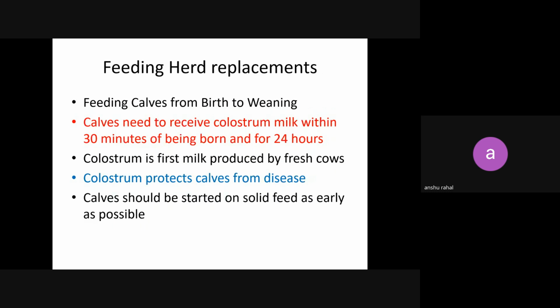Colostrum is the first milk which needs to be given to the young ones, and you should try to give the animal solid food as soon as possible, because it helps in transitioning from liquid feed to solid feed.